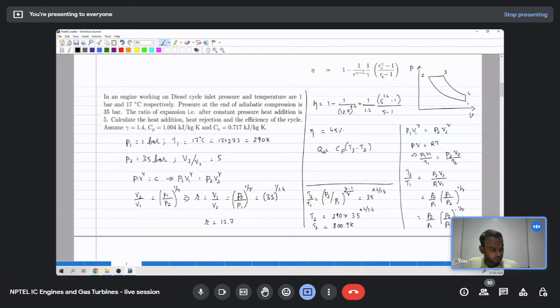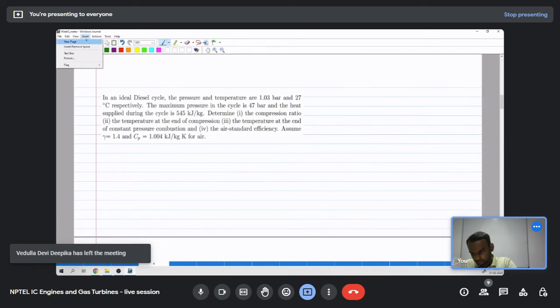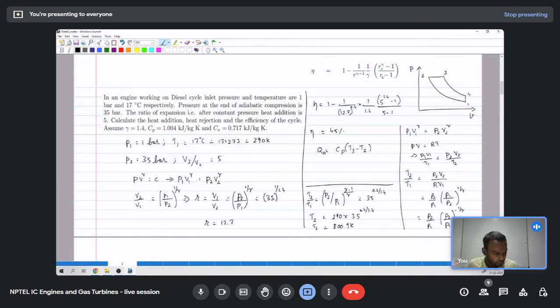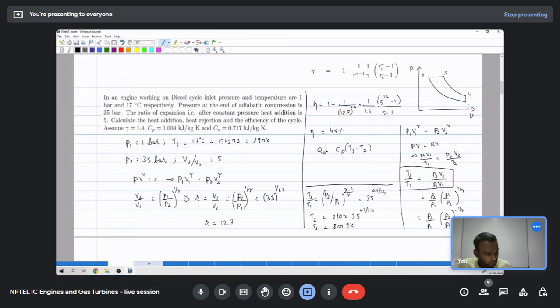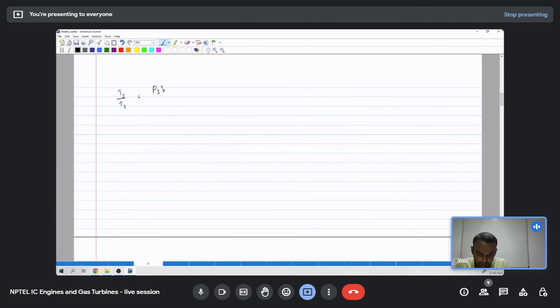Similarly, we need to calculate the temperature at state 3. To calculate that, we will start from this relation. T3 by T2 will be P3 V3 by P2 V2. Now we know the combustion between state 2 and 3 was a constant pressure combustion, so we can cancel these two terms.